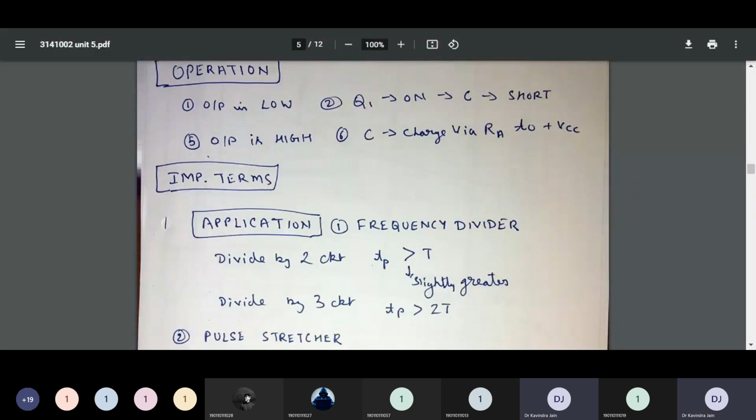Applications of the 555 timer as a monostable multivibrator are: number one, frequency divider circuit.